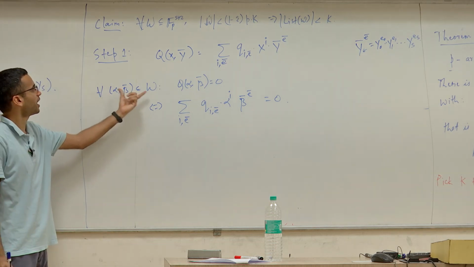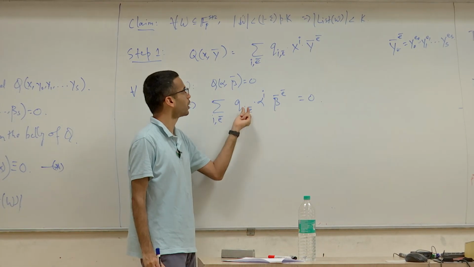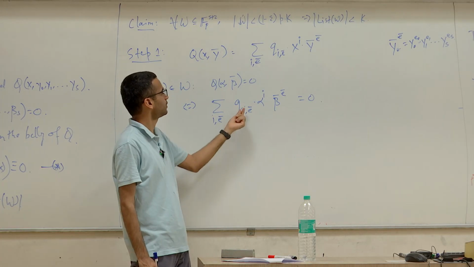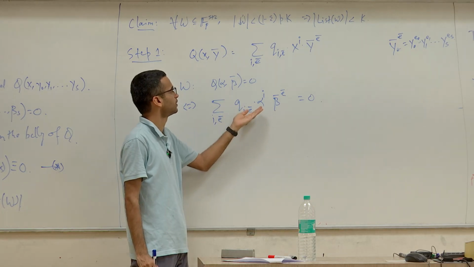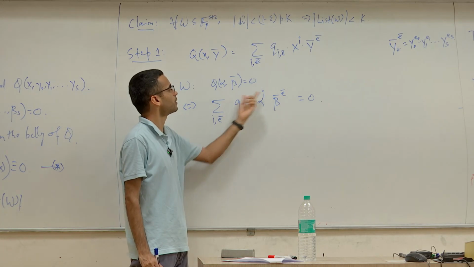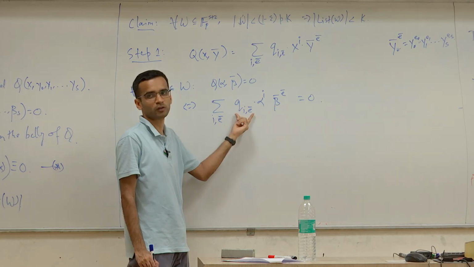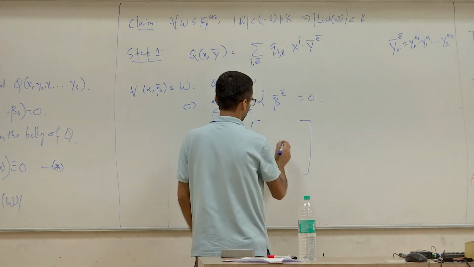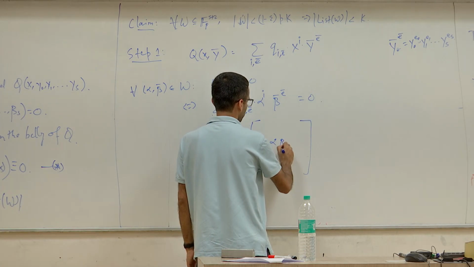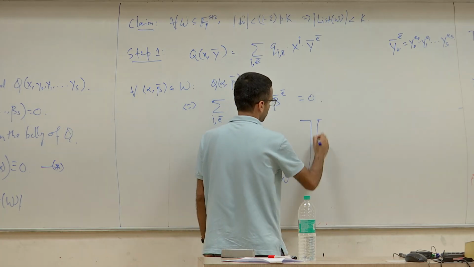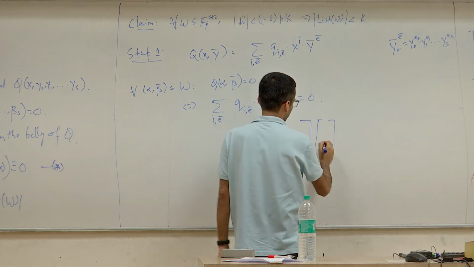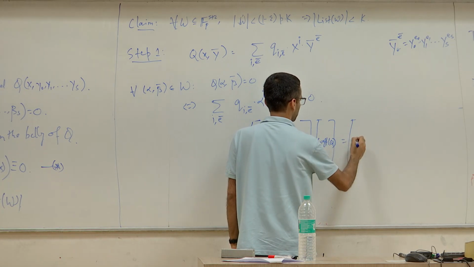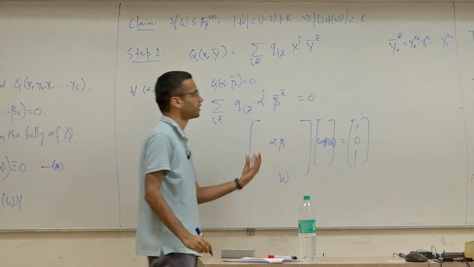We want this for every alpha beta in W. Notice that if you view these conditions as functions on alpha beta, what you are imposing is homogeneous linear constraints on the Q i e's. So this is a linear system where the matrix depends on the set W, and we are multiplying it by the coefficient vector of Q. And we want the vector to be in the kernel of this matrix.